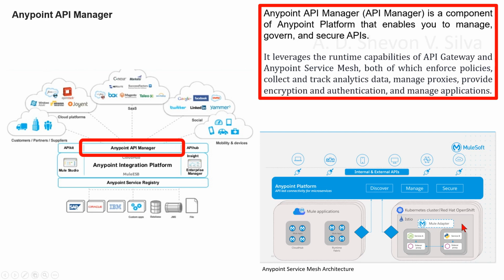The MuleSoft adapter connects components to Anypoint Platform. Along with the broker, the adapter enables all services that are managed by the mesh to share metadata, which in turn enables your existing microservices in the Kubernetes cluster to be recognized as APIs by Anypoint Platform.